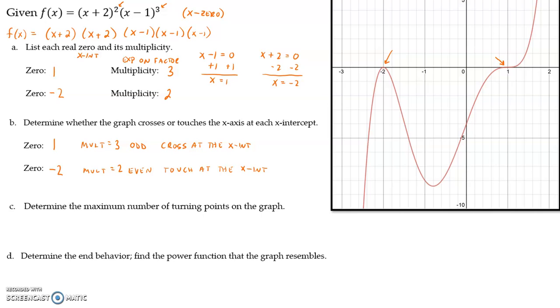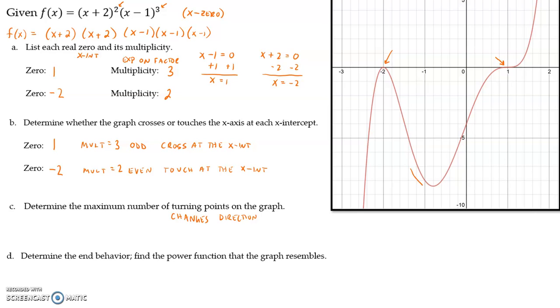For part C, we want to take a look at the maximum number of turning points that we could have on our graph. And turning points are where your graph changes direction. So for example, our graph could be decreasing and then all of a sudden increasing.